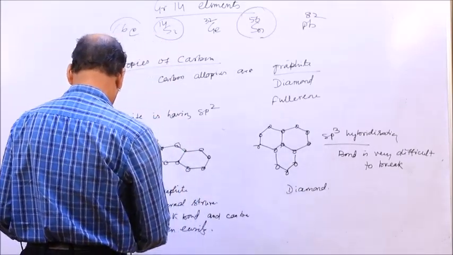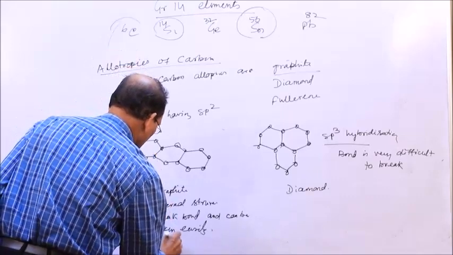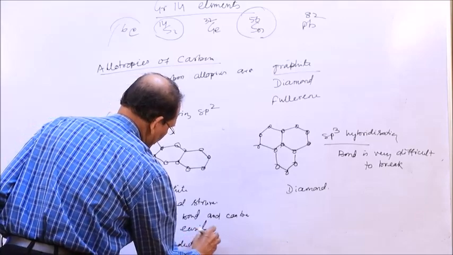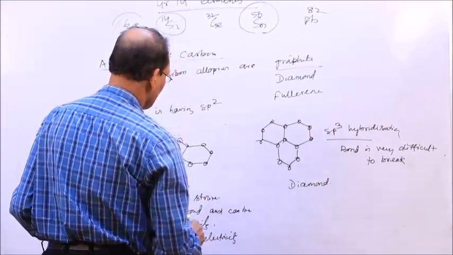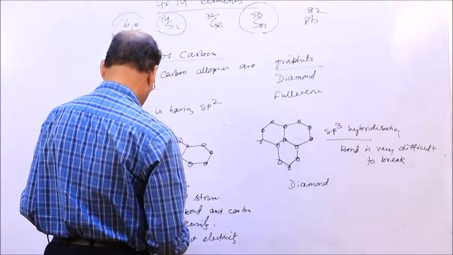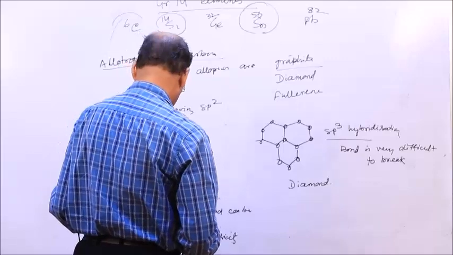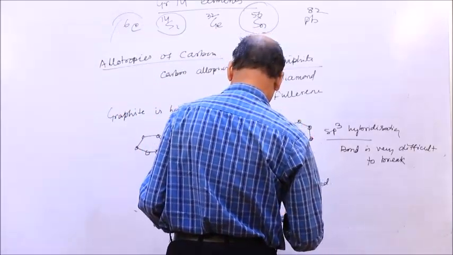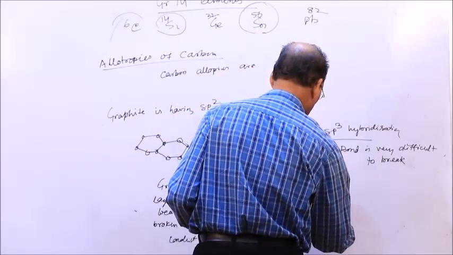So graphite conducts electricity, that is, it is used as a conductor, whereas diamond is non-conducting.